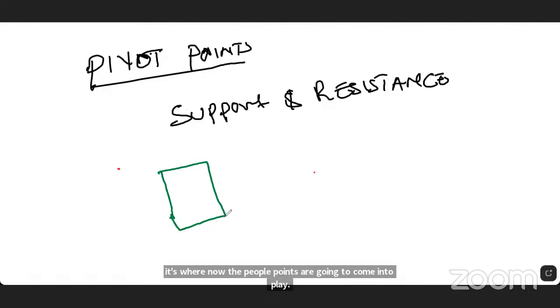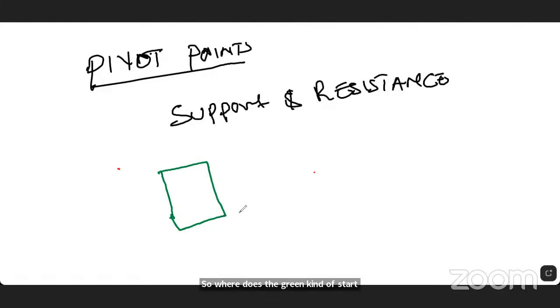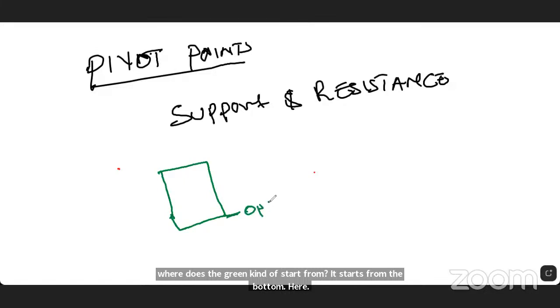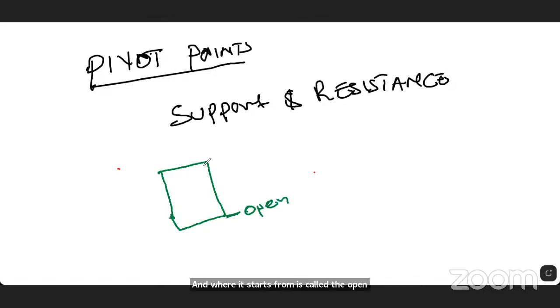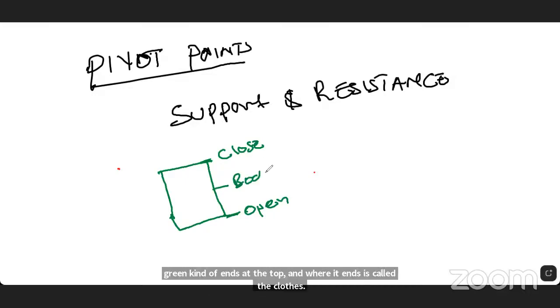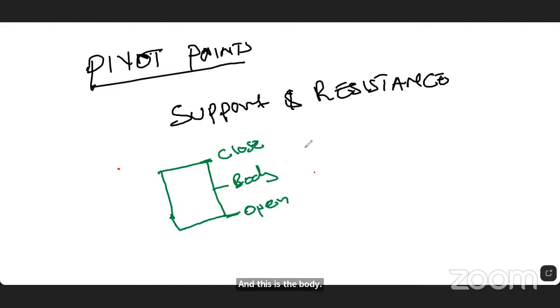So where does the green candle start from? It starts from the bottom here. And where it starts from is called the open. The green candle ends at the top, and where it ends is called the close. And this is the body. But green candles can have different shapes depending on the market.